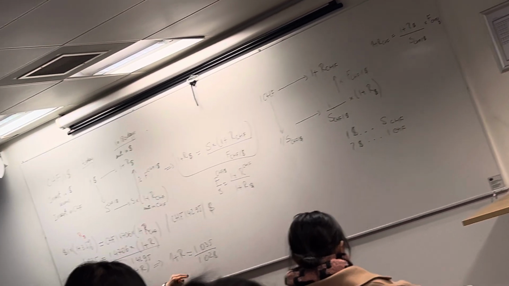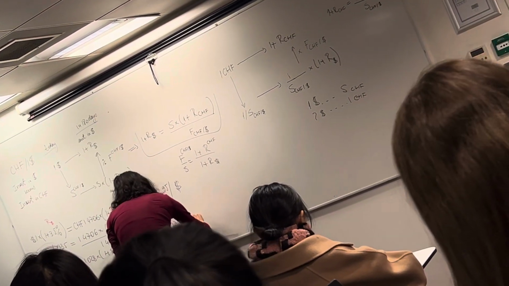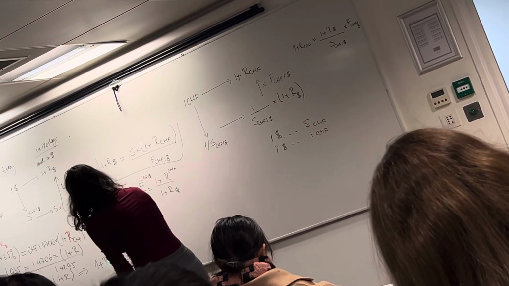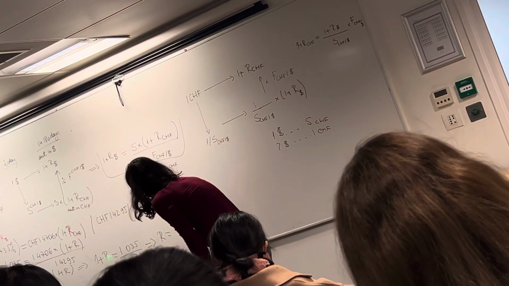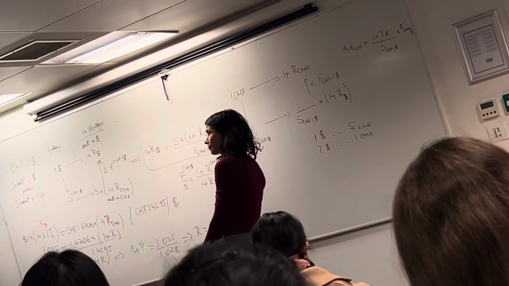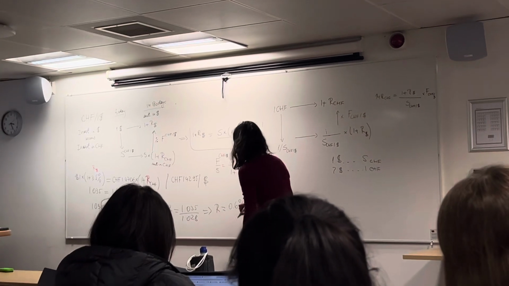And now what is r? It is that amount minus 1. So 6.8% is coming. So 1 plus r is 1.006. R is 0.6%. What else do we need to do?